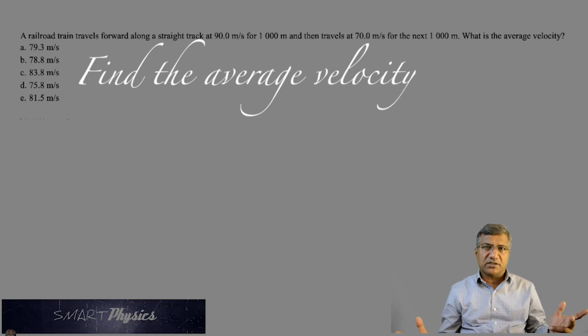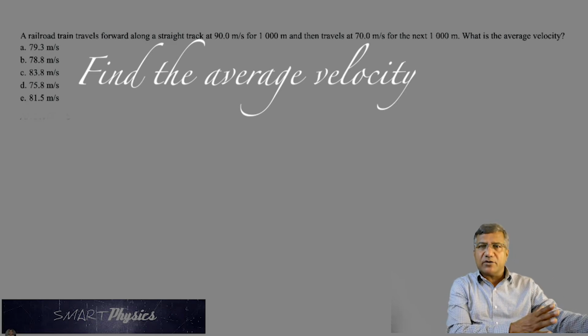You're given two velocities, so maybe you think you just add the two velocities and divide by 2. No, that's not right, because average velocity is total displacement divided by total time. Now we know that the total displacement is 2000 meters because it first moved 1000 meters, then moved another 1000.